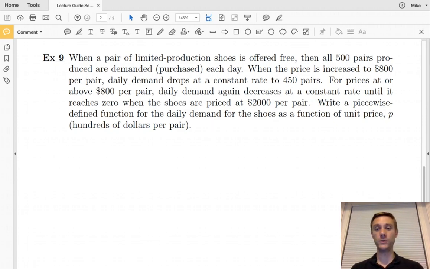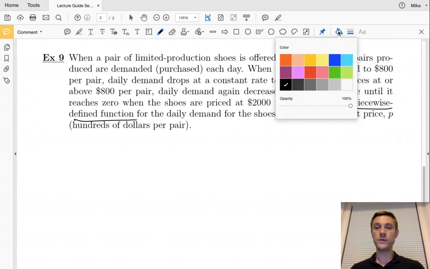The goal is usually the very last sentence, so we don't see it until we reach that part. So we notice that our goal is to write a piecewise defined function, and this is for daily demand as a function of unit price.